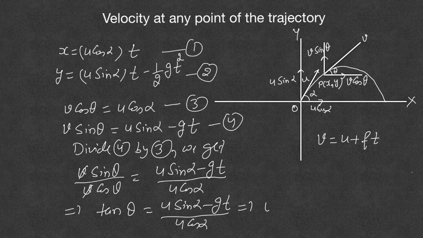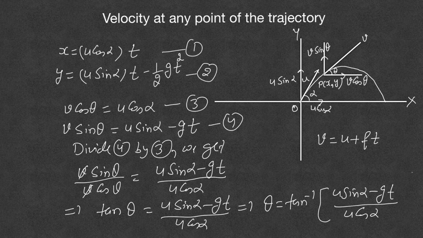This implies that theta is equal to tan inverse of u sin alpha minus gt upon u cos alpha. So here we have determined the direction of the velocity at any point P, and it is given by equation number 5.